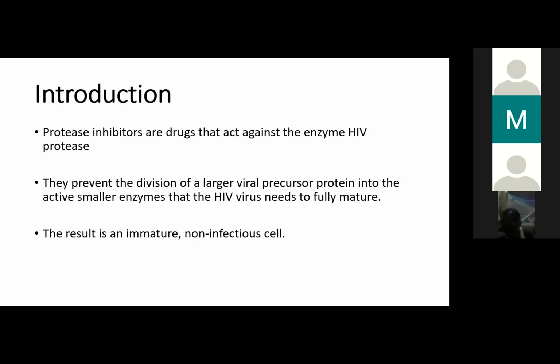So when we take the protease inhibitors as a class, they act against HIV protease, which cleaves a larger viral precursor protein into the active smaller enzymes that the HIV virus needs to be fully mature. And this leads to an immature non-infectious cell.